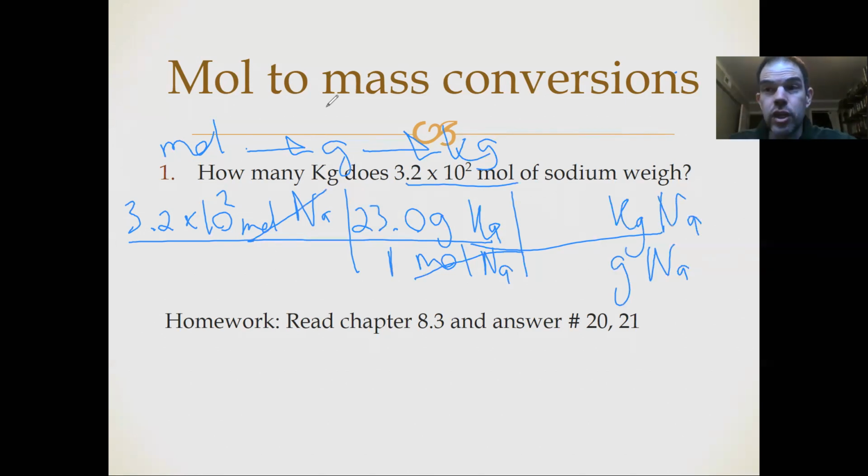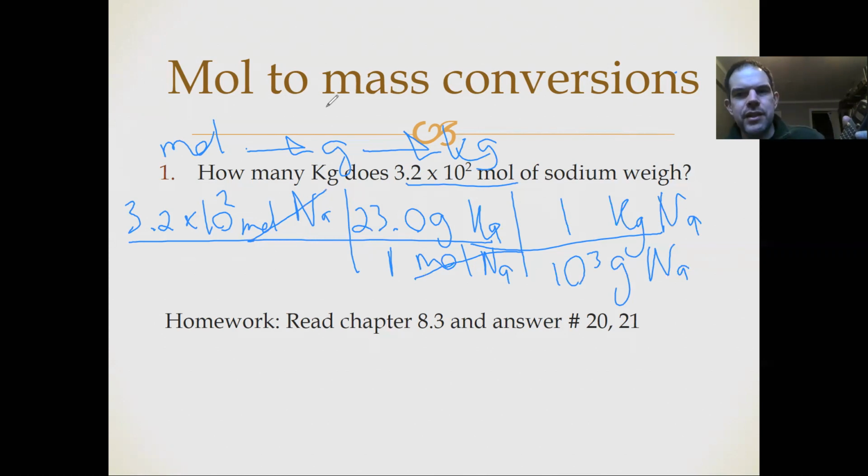You look up kilograms on the table before. Kilograms is 10 to the 3rd. Remember that always goes in front of the base one. So there's 10 to the 3 on the bottom and 1 on the top. So how do I enter that? Well, on my calculator, I would go 3.2 and my EE button, and I have the exponent. Then I'm going to multiply times 23, and then divide.